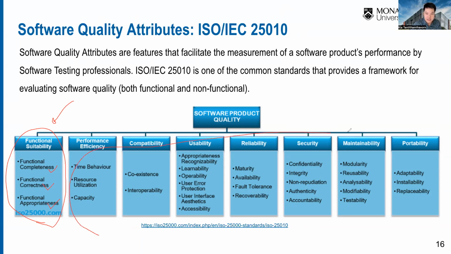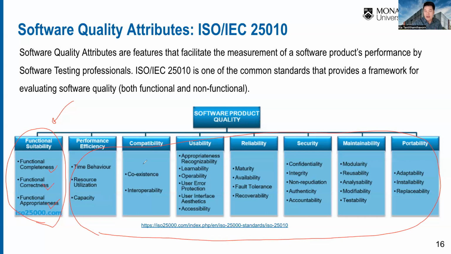The rest of these are the non-functional quality attributes. They are related to the non-functional requirements. In reality, when we develop a software system, we need to write the business requirements: what are the requirements of the software system?